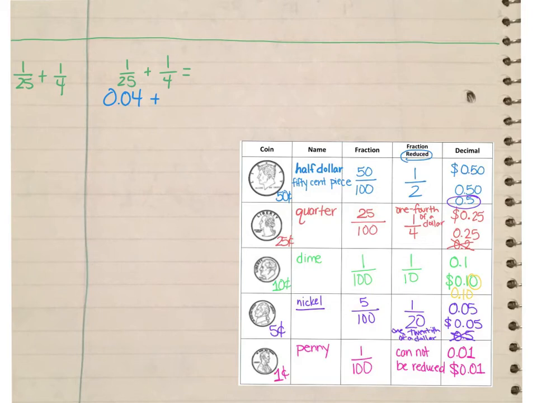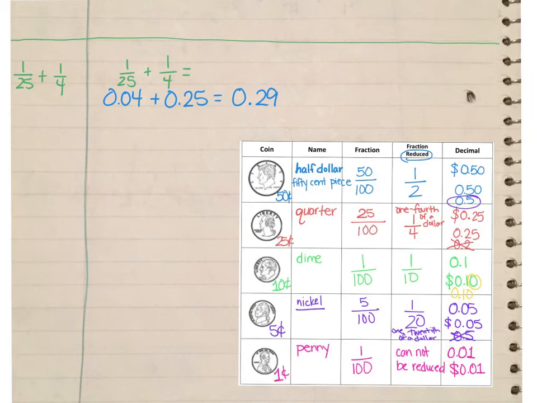When we took our notes a few days ago, we saw that 1/4 right here is 25 cents. Now add those together. It equals 29 cents.